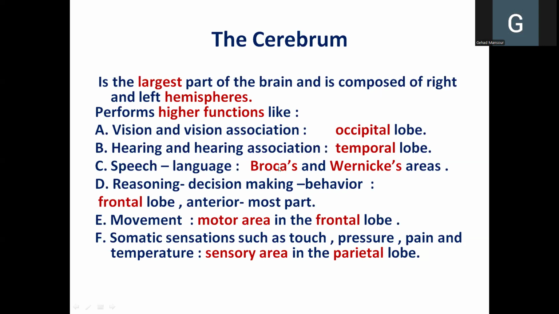Damage to Broca's area or damage to Wernicke's area will result in disturbance of language, disturbance of spoken and written language in case of damage to Broca's area, or a disturbance in understanding the meanings of words.